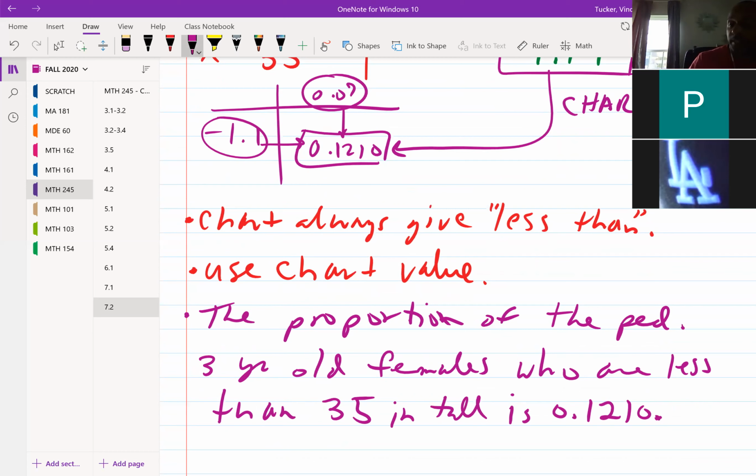Like I said, anything that signifies less than would still be okay, and you would have still followed the same process. All right, questions before we look at another one? Nope.